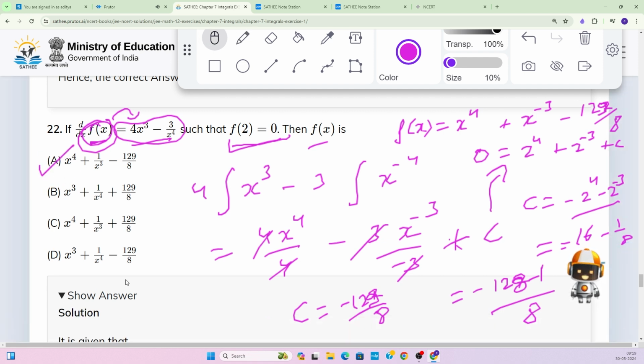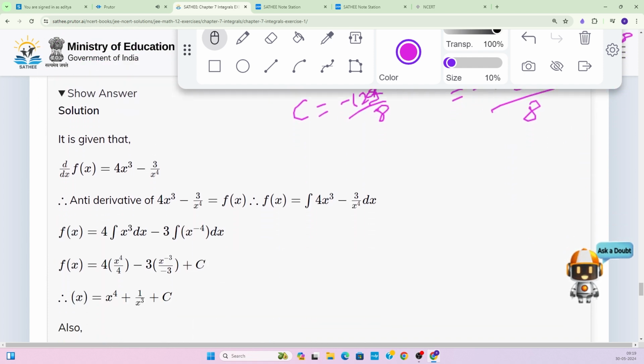Clear? So let me just once again show you the solution. So the antiderivative for this will be this fx. Okay, so find the antiderivative. Antiderivative of this will be fx. This means fx will be the integration of this. By using the results from the integration, you can write this.